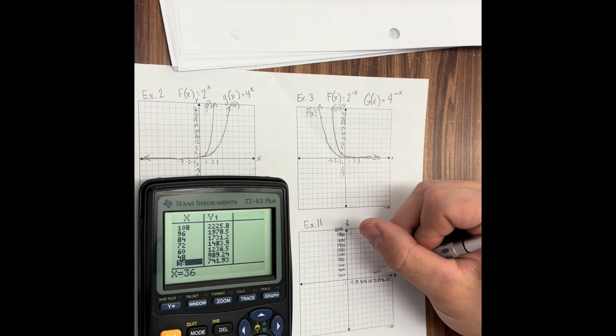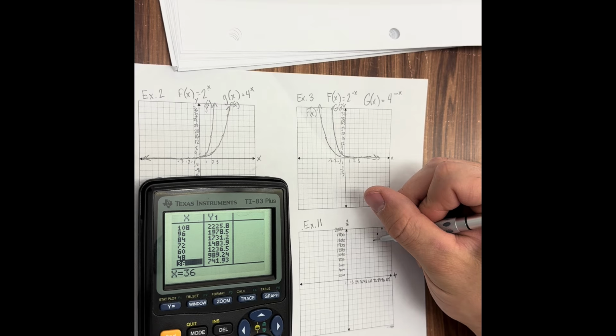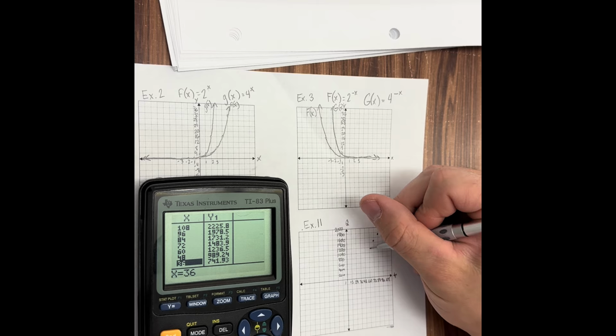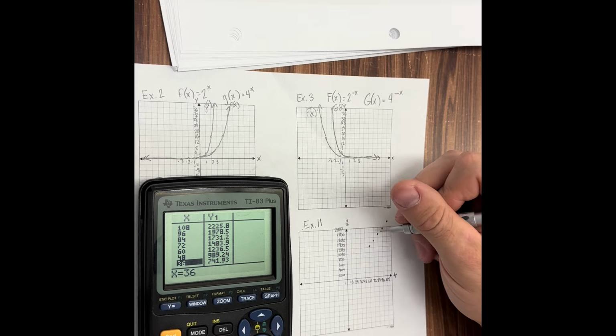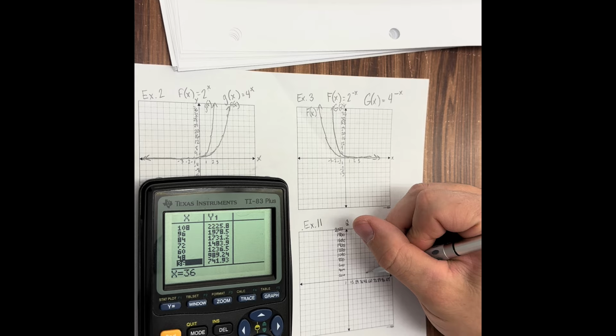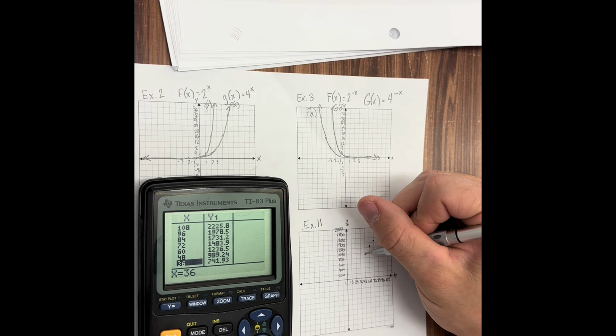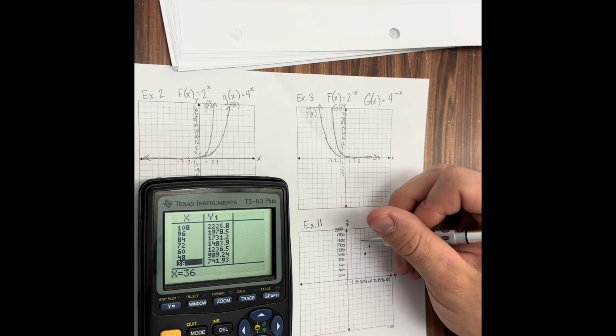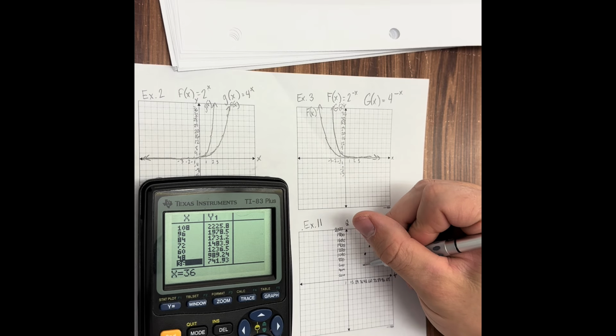And then 72 is at 1483. And 60 is at 1236. And then 48 is at 989. And then 36 is at 741.